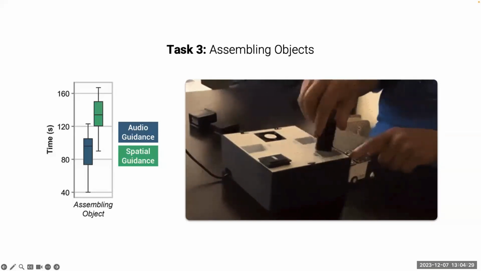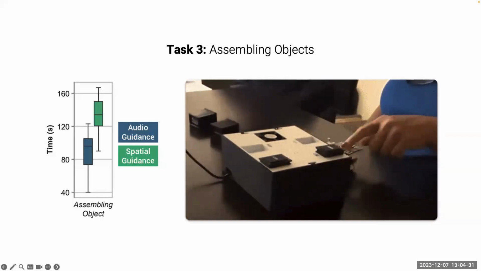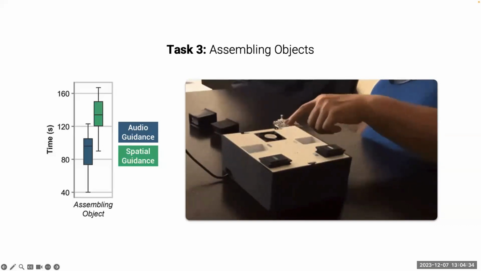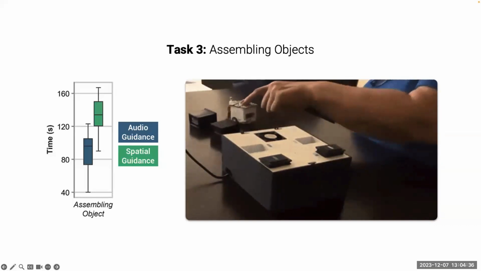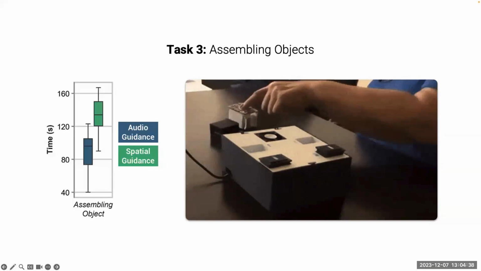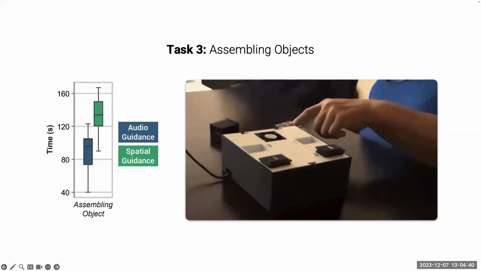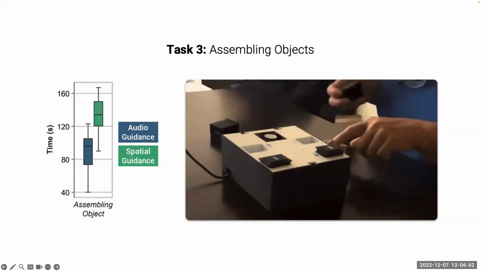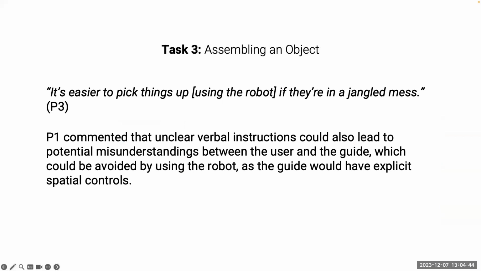And that really reduced the time for task completion for the audio guidance, which was not really possible with the spatial guidance because your hand uses this finger over the robot. But they still found this to be very interesting because it is easier for them to pick things up when they are in a jumbled mess. And sometimes bubble instructions are not really clear, and this helped them to navigate way better.